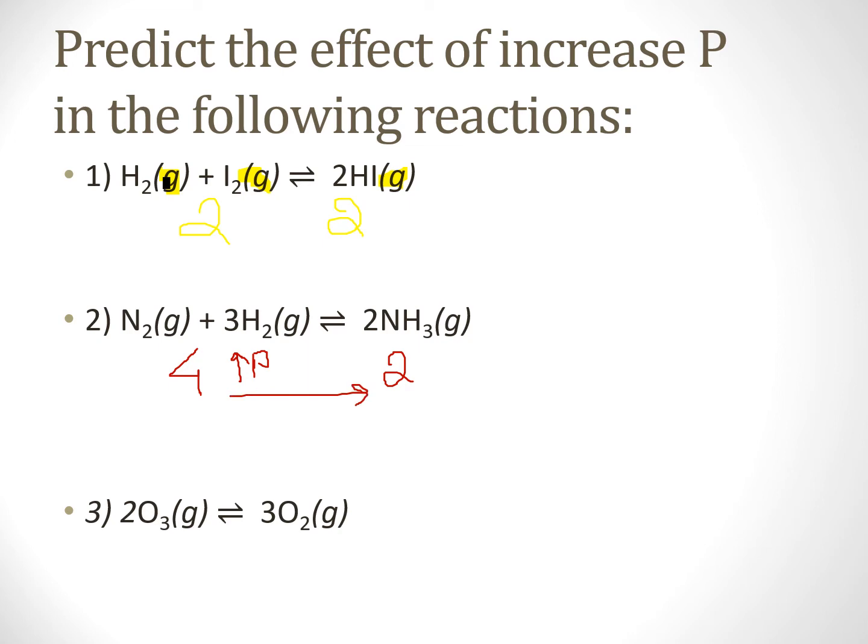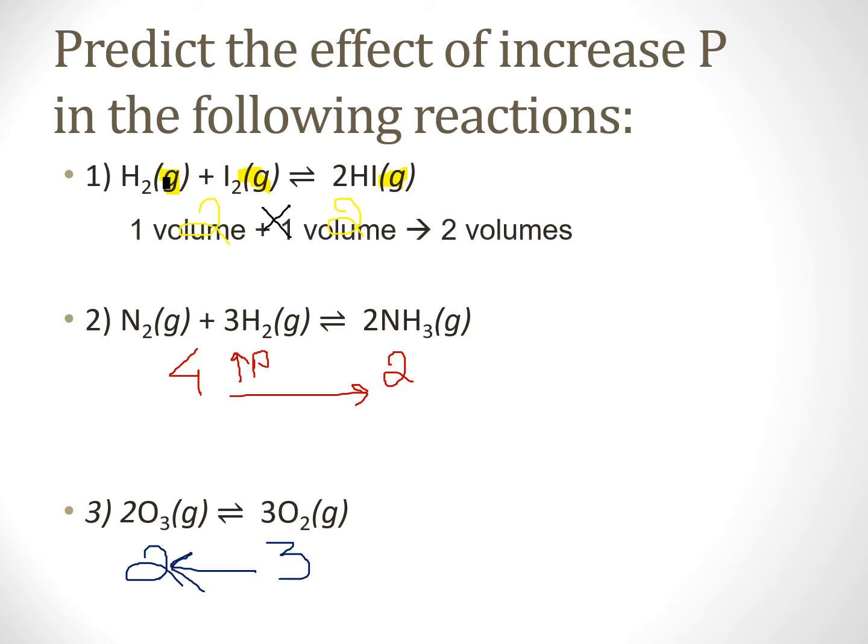While for the example seen above, there was no effect. For the reaction at the bottom, we have 2 moles on this side and 3 moles on this side. So an increase in pressure will favor this side of the reaction because there are fewer moles.